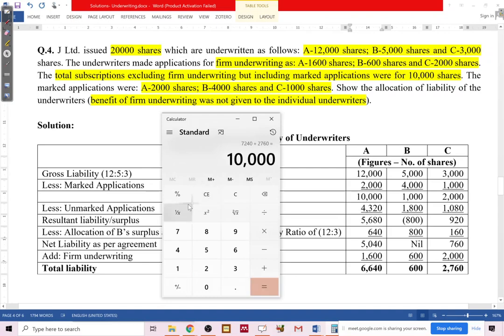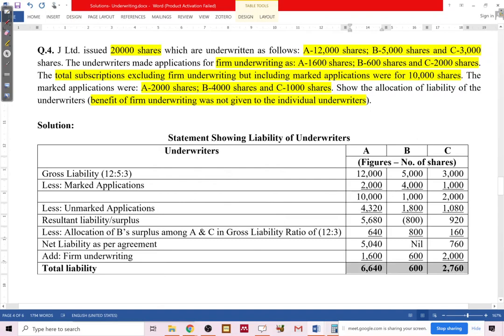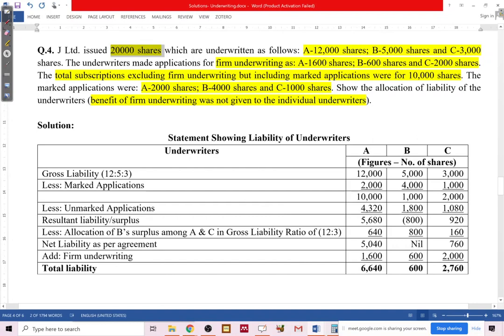Let's cross check now. What does the problem say? 20,000 shares were issued and how many applications were received excluding firm underwriting? We are not talking of how much underwriters have taken. Before they took those many shares, how many applications were received? 10,000 shares.